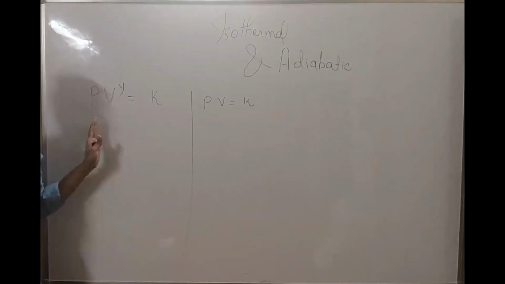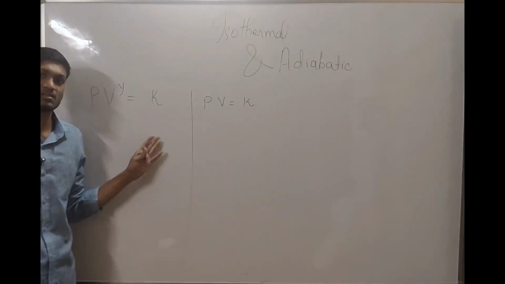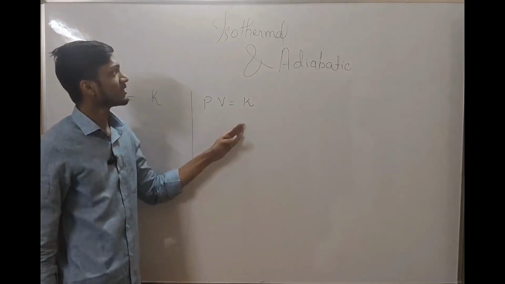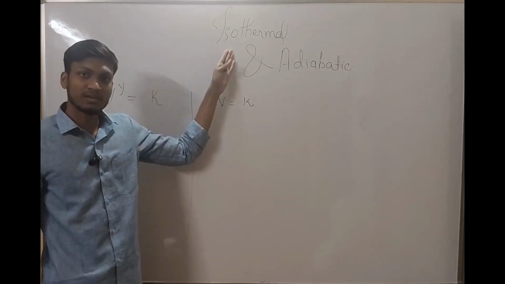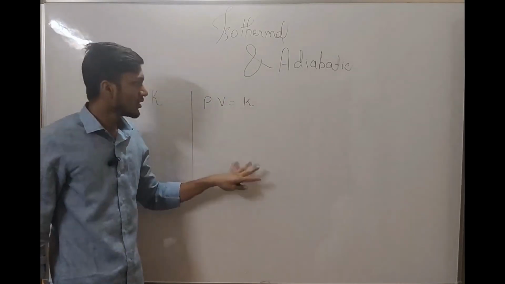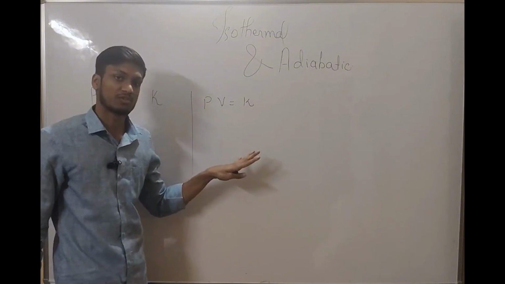For an adiabatic process, PV to the power gamma is constant. Second, PV is constant is the equation we obtained for the isothermal process, as temperature remains constant and the right part becomes constant.